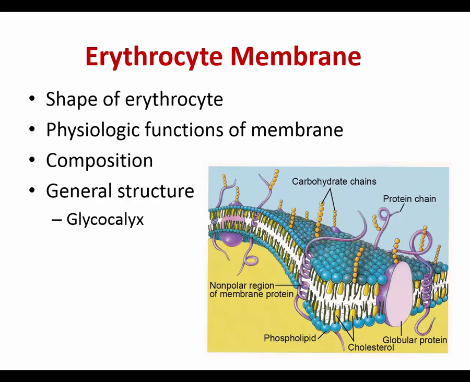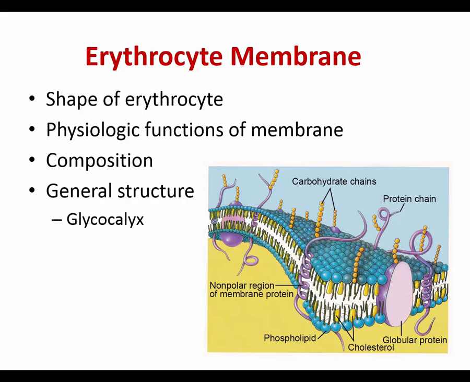However, if you reduce the cholesterol content, I am talking about 50-50 ratio of the phospholipids and the cholesterol, so you are having more phospholipids and less cholesterol, you're going to increase the elasticity. This red blood cell will become very elastic.